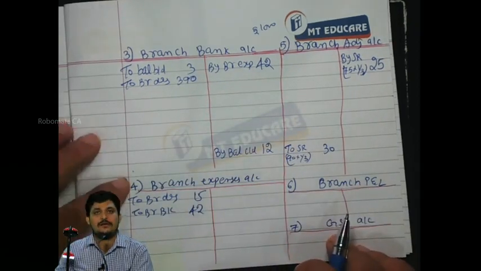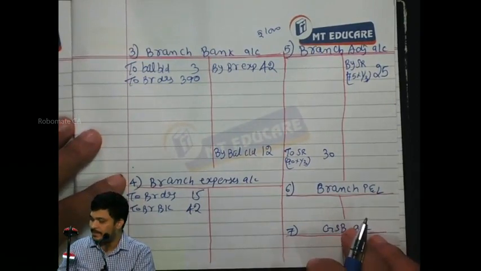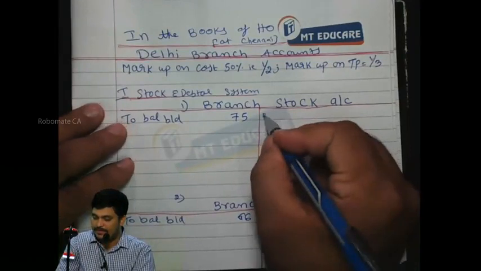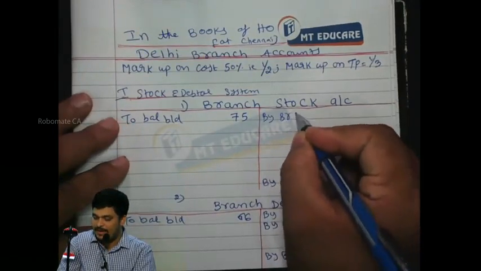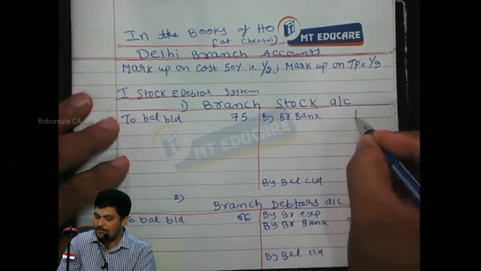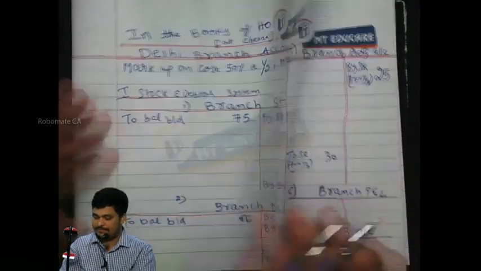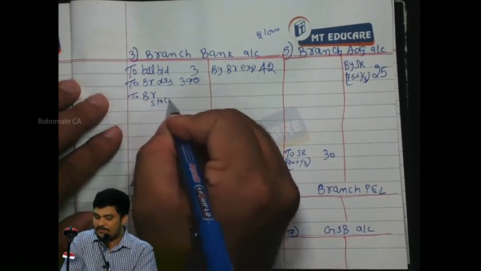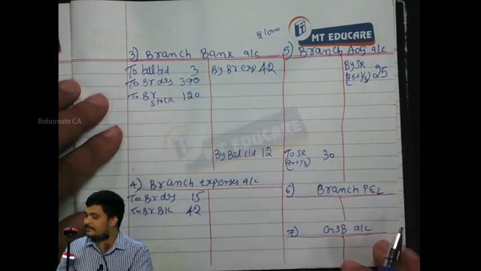Cash sales banked: by branch bank 120, to branch stock 120.